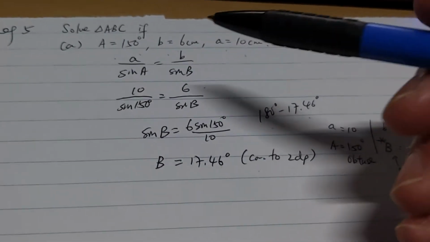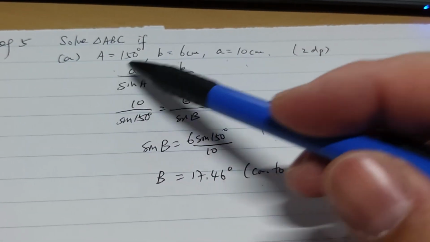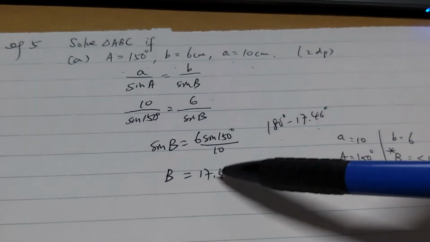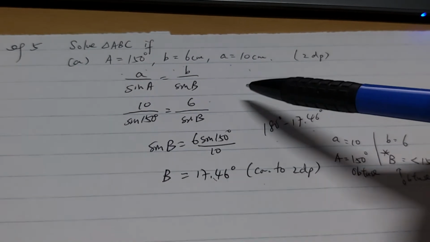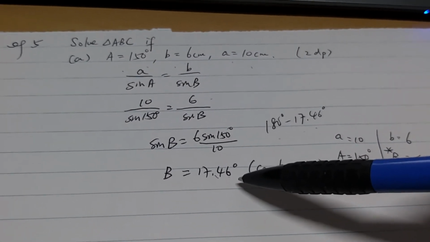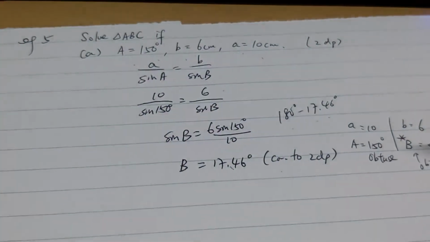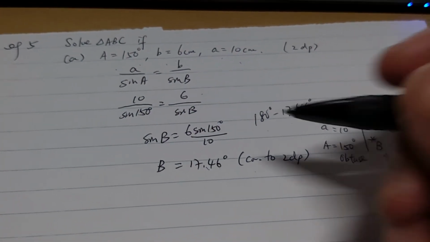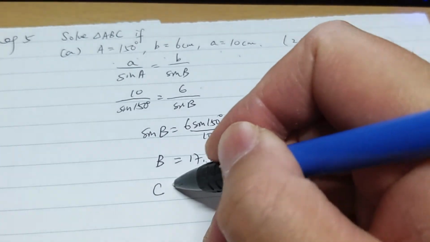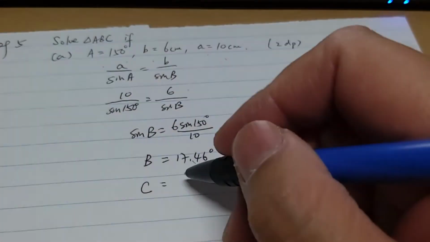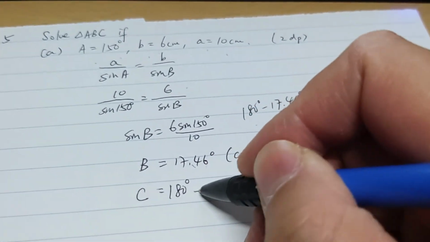So in this case, we have angle A and side A, angle B and side B. We don't have angle C and side C. So we need to find angle C or side C first. Well, we can only find angle C first because we can use the angle sum of a triangle.